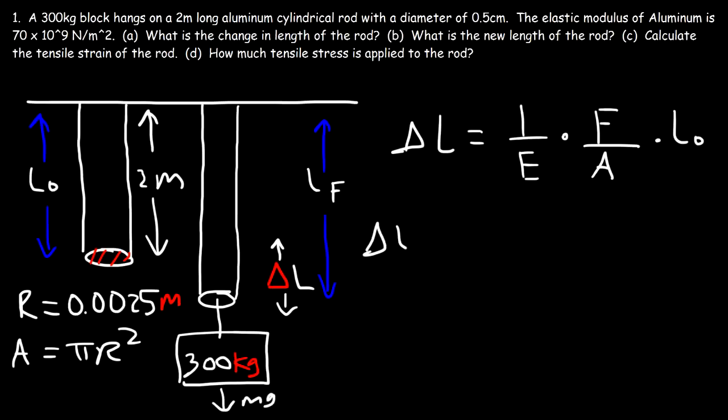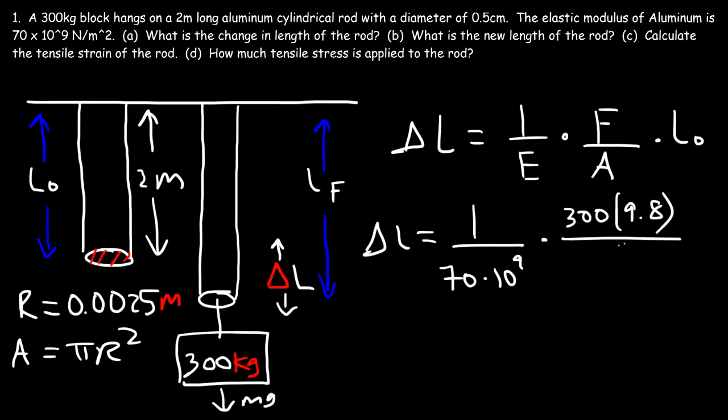So delta L is going to be 1 over E, that is the elastic modulus, which is 70 times 10 to the 9, multiplied by the force, which is mg, that's 300 kilograms times 9.8, divided by the area, which is pi r squared, so that's pi times the square of the radius, 0.0025 squared, multiplied by the initial length of the rod, which is 2 meters.